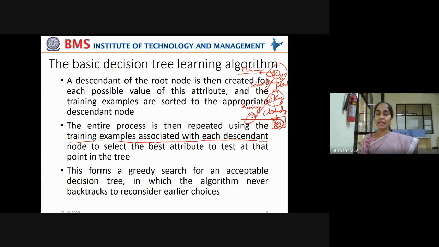Now, when the sky is rainy, other attribute values also matter here. So you have to take the humidity, another condition: the humidity is low or the humidity is high. If the sky is rainy and the humidity is high, the game is not played. In all the training examples, if the sky is rainy and the humidity is high, the game is not played. It's a no. So directly that will become the leaf node.